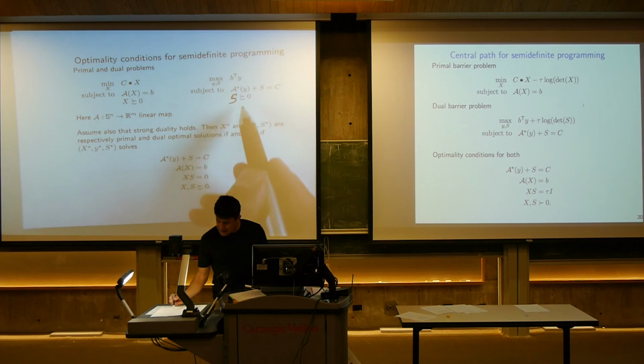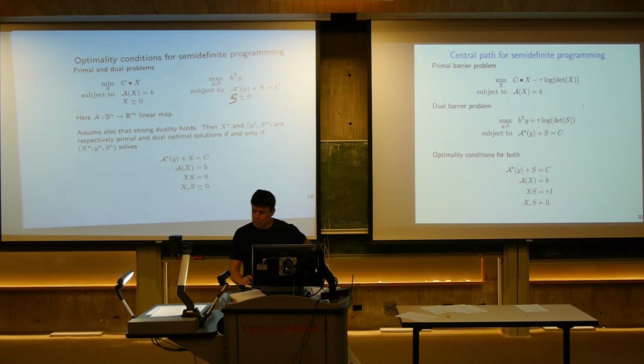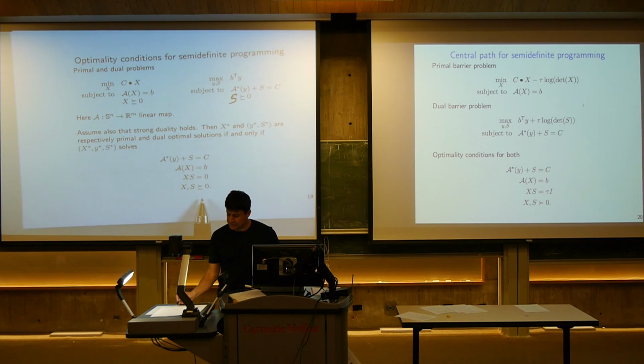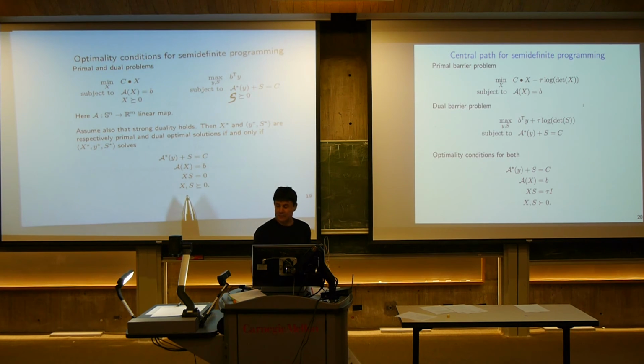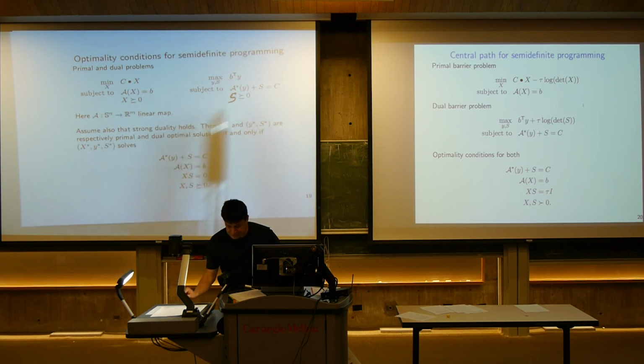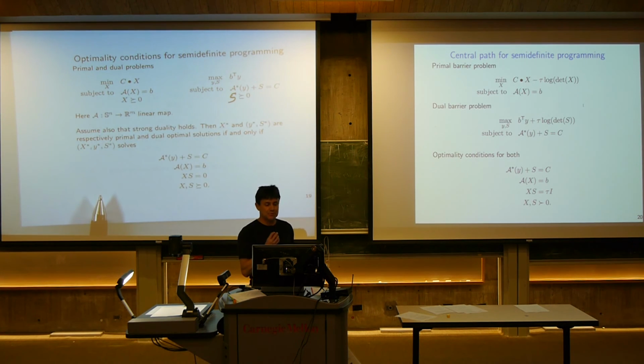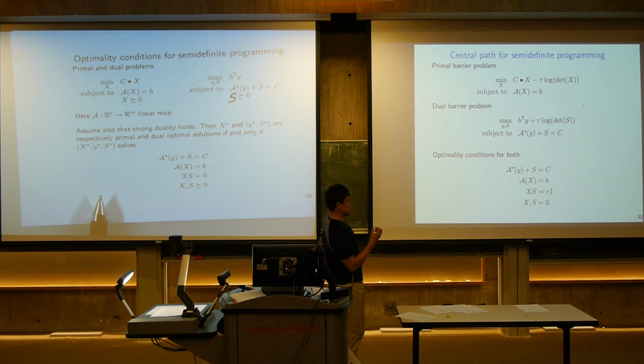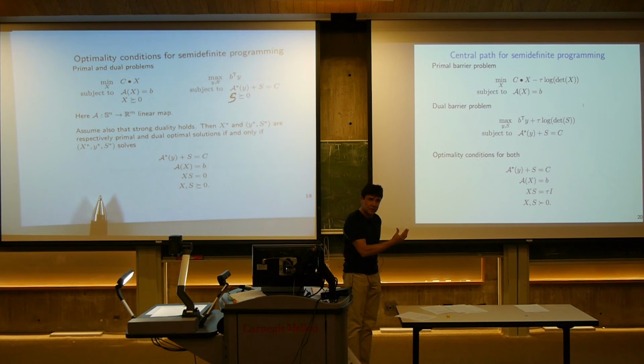So we have the primal and dual problems. These are the optimality conditions for the actual problems. If we replace the difficult constraint, the positive semi-definite constraint, with a suitable barrier function, the barrier function for the semi-definite cone is log determinant.